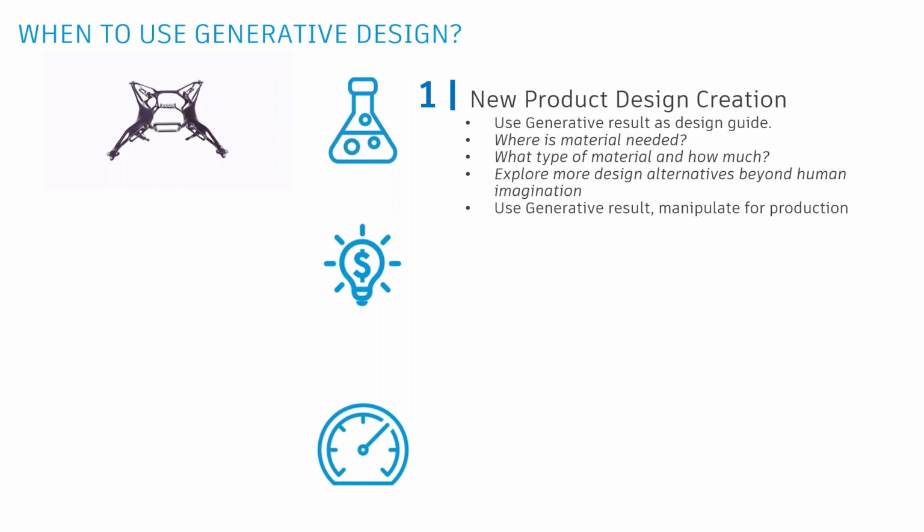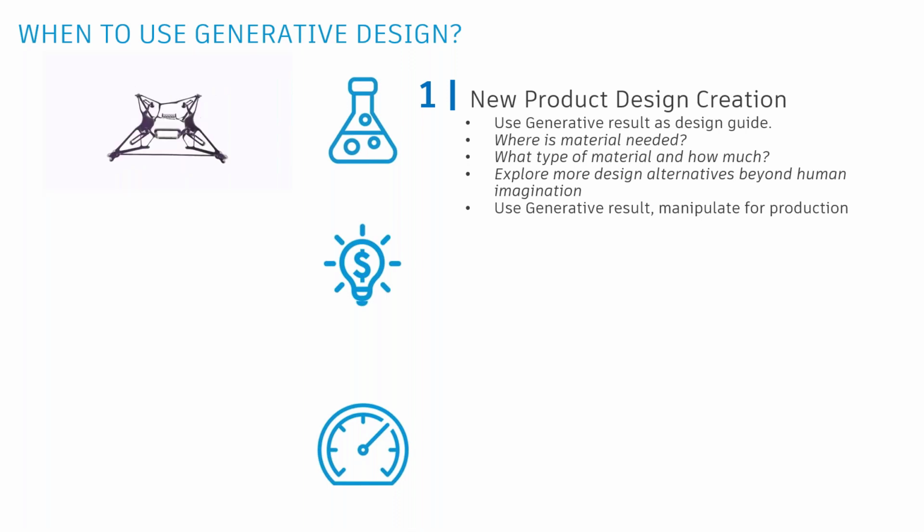You might not have necessarily a preconceived notion of what this final part looks like. You know that it needs to withstand a certain load. You have an idea that you're going to use some sort of material for it. Maybe a couple different materials possibly can be utilized for it. You know what your constraints are. So you could utilize generative design to help you narrow that down.